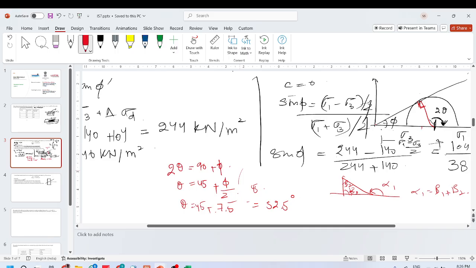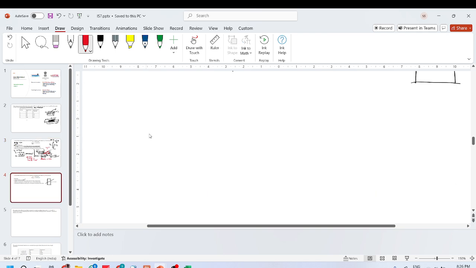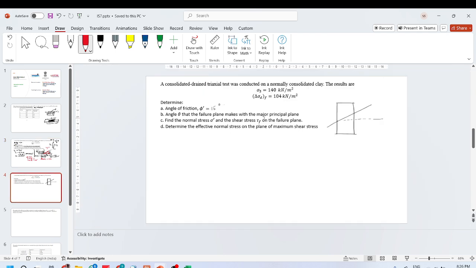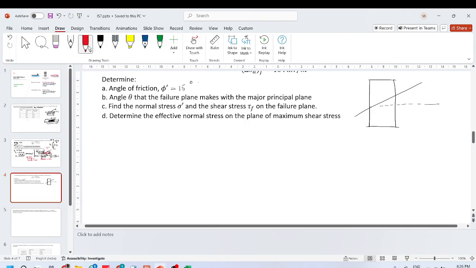So we have taken this triangle here, and equated the external angle of 2 theta to the sum of phi and 90. So this came to be 52.5.